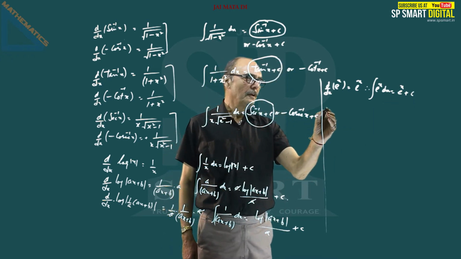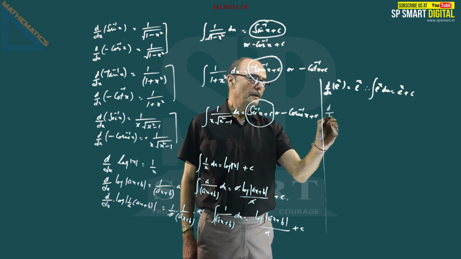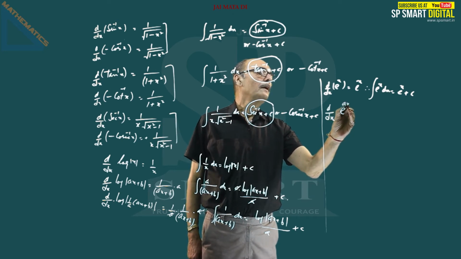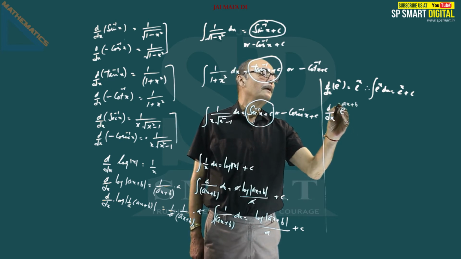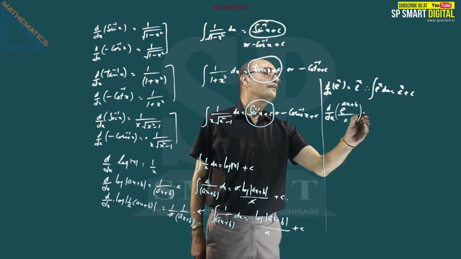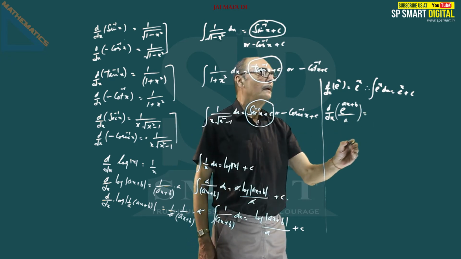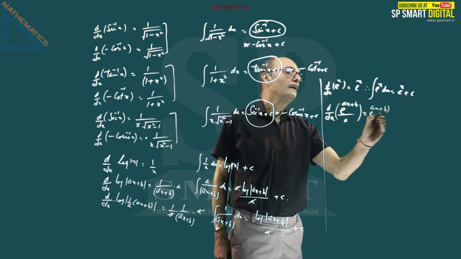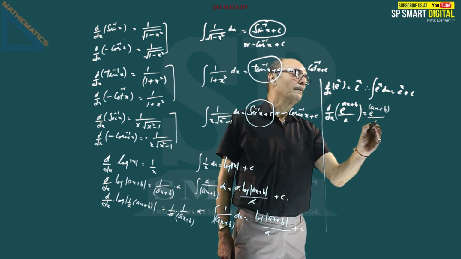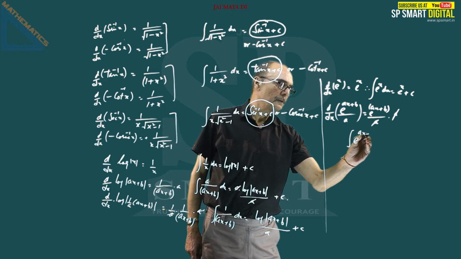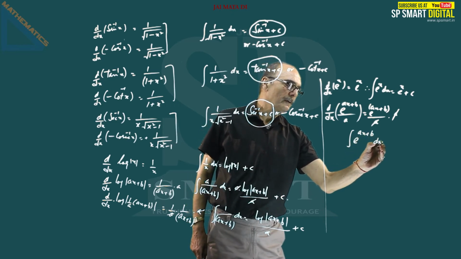If it is d upon dx of e raised to power ax plus b divided by a, this will be e raised to power ax plus b, a into integral of e raised to power ax plus b dx.